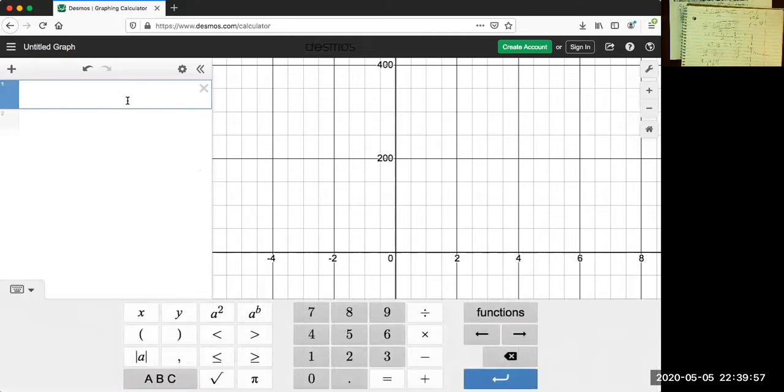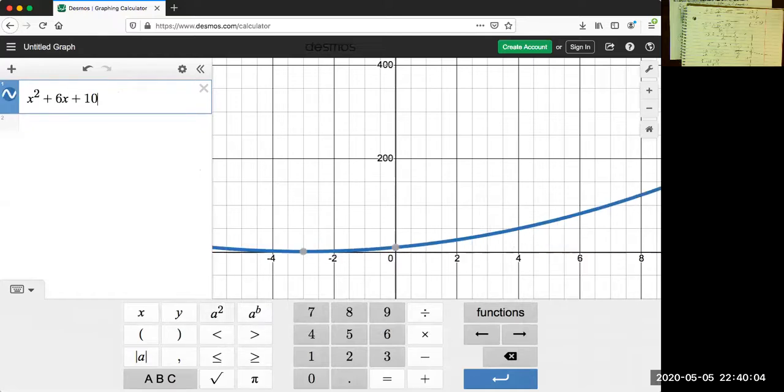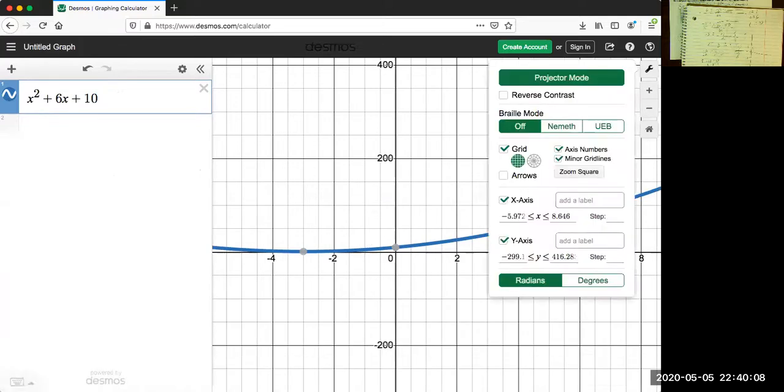Let's just do the original one, x squared plus 6x plus 10. Let's change this. Oh, wow, okay.